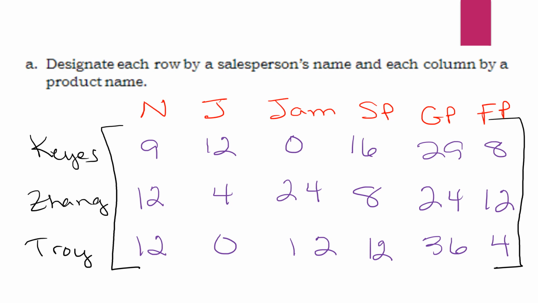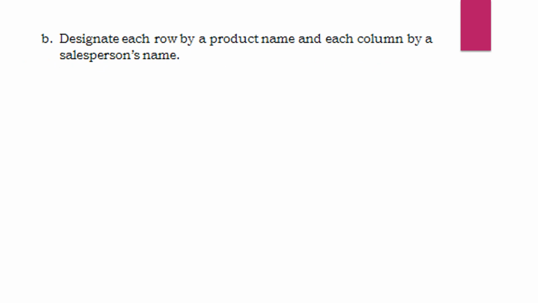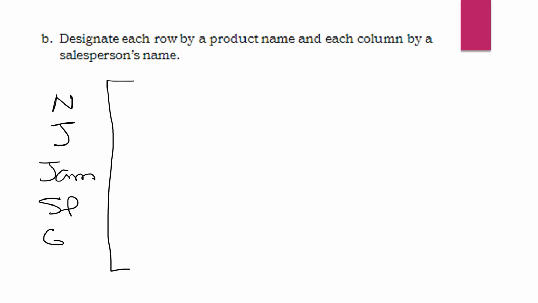In our next example, now they want us to do the row as the product name and the column as the salesperson's name. Okay, so I had 6 different products. We had nuts, jerky, jam, snack pack, gift pack, and family pack.